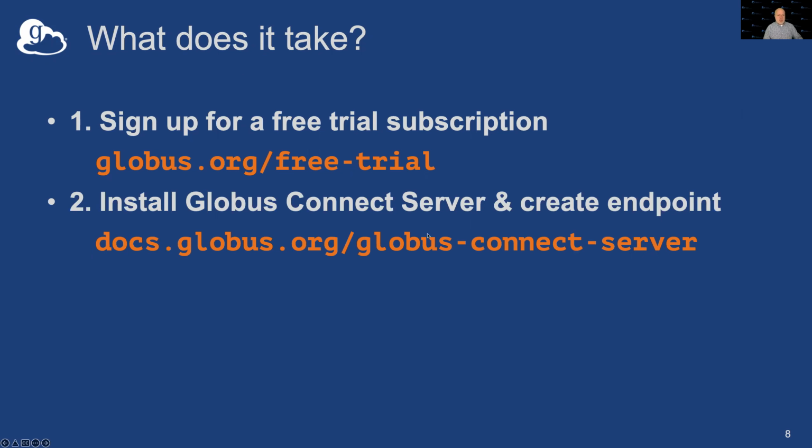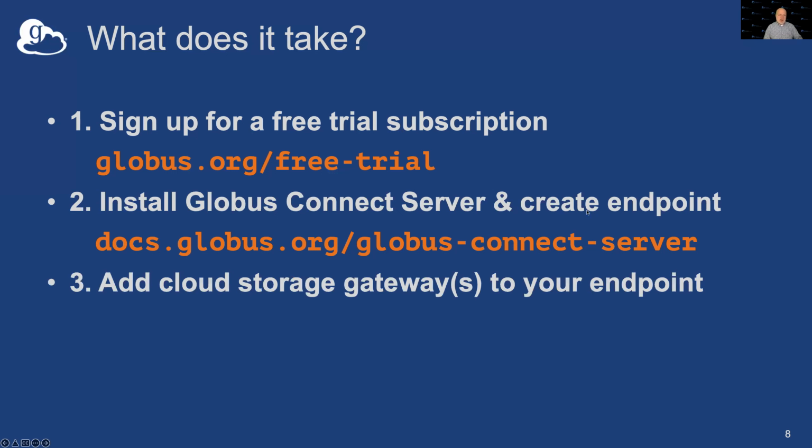So once you have the subscription, you can set up a Globus Connect server. That's the software that creates the Globus endpoint, and then on top of that, you set up what we call a storage gateway, and this is really important because this is where you have to do things a little bit differently for each storage system depending on what the cloud provider requires.